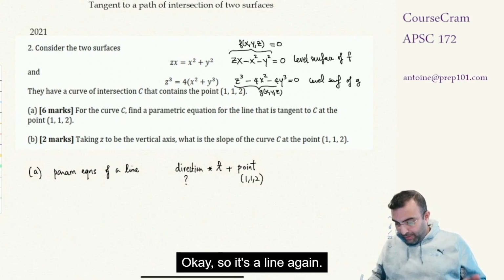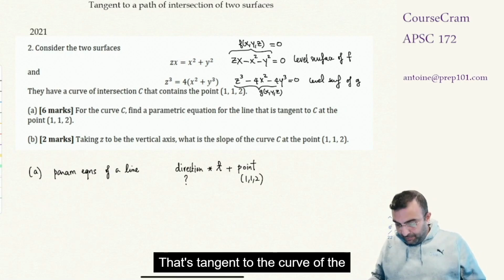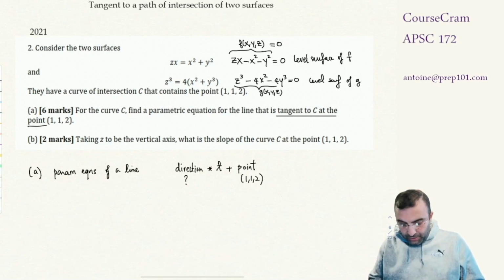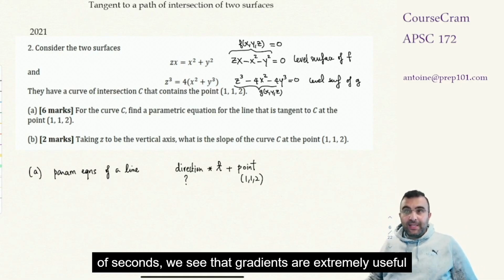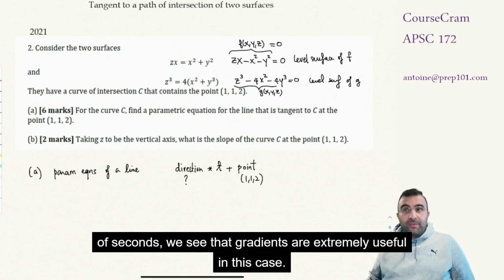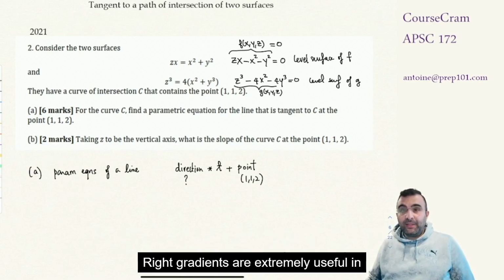Okay, so it's a line again that's tangent to the curve of the intersection, right? So if we think about it for a couple of seconds, we see that gradients are extremely useful in this case.